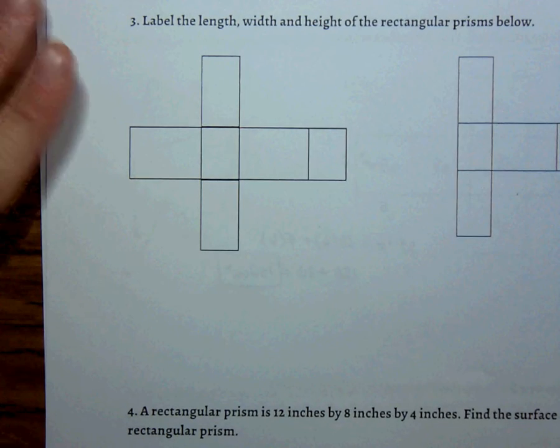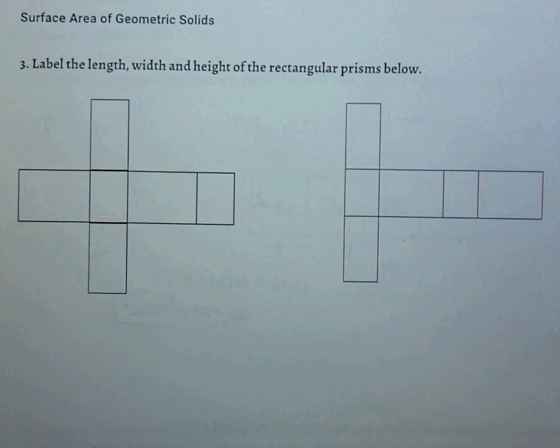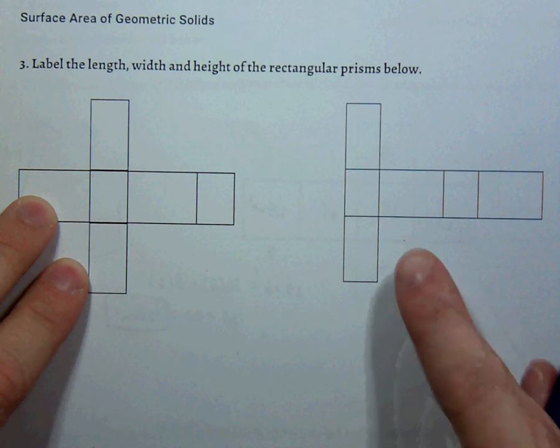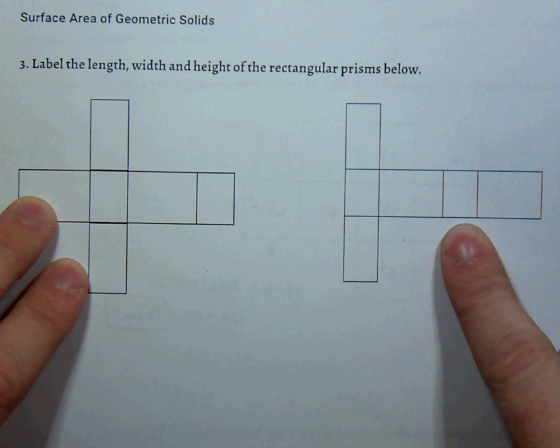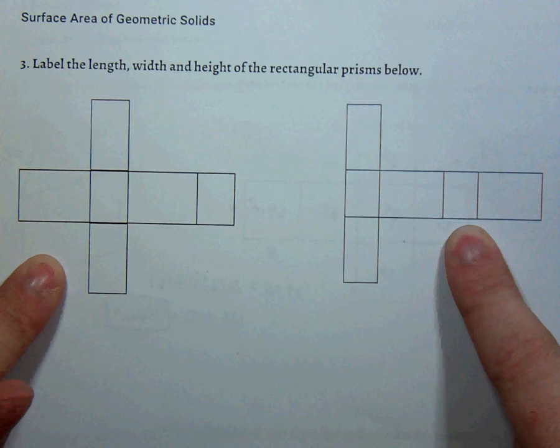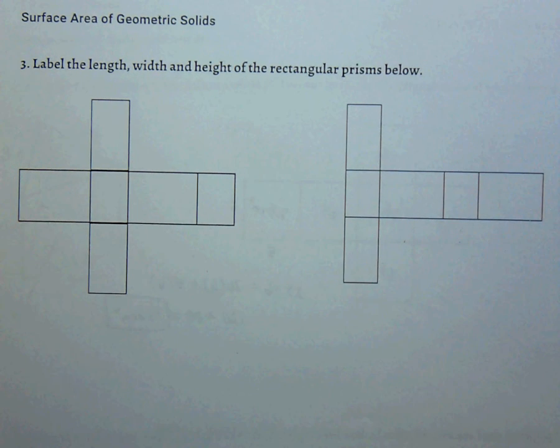Now we're going to do rectangular prisms. So the first 2 of these I'm just going to use as kind of guides to help us label from now on. I prefer this one, but the book uses this one. So I want to show you both, but from now on I'm going to use this one, but understand this is fine. So we want to label with length, width, and height. Here's what I always do.